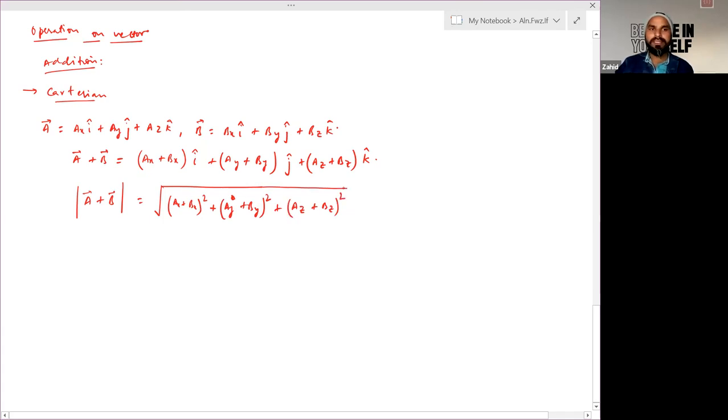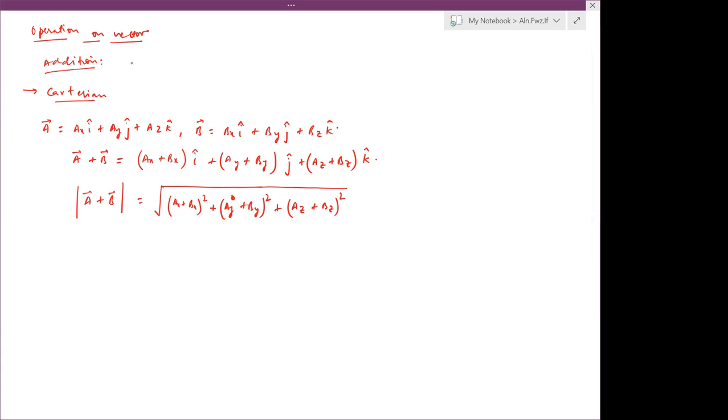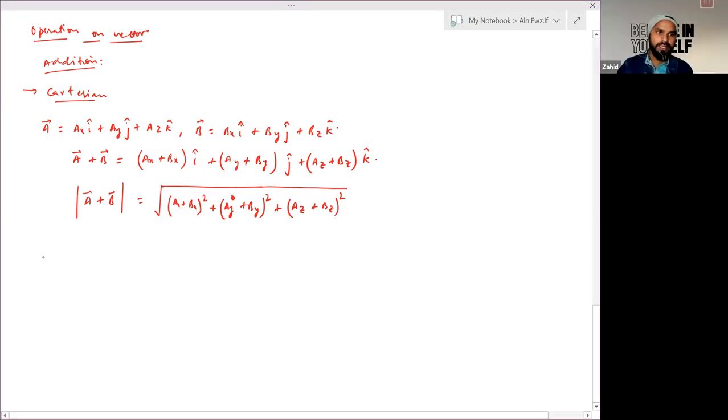This is how we add any two vectors in Cartesian form, and then we define its magnitude. Is it clear? Yes, Fawaz? Yes, sir. Yes, sir. Okay.